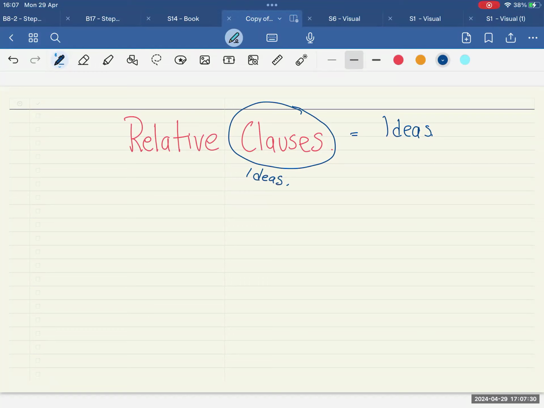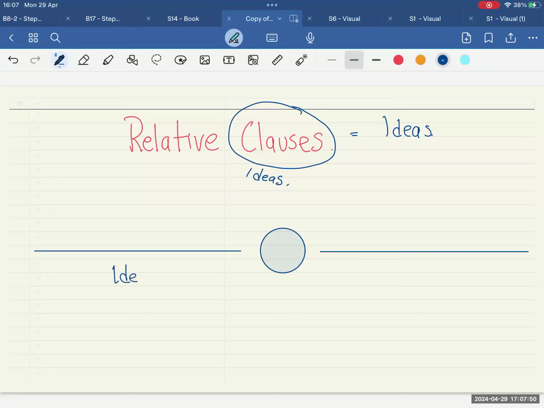We are going to have different elements, something that you know already.